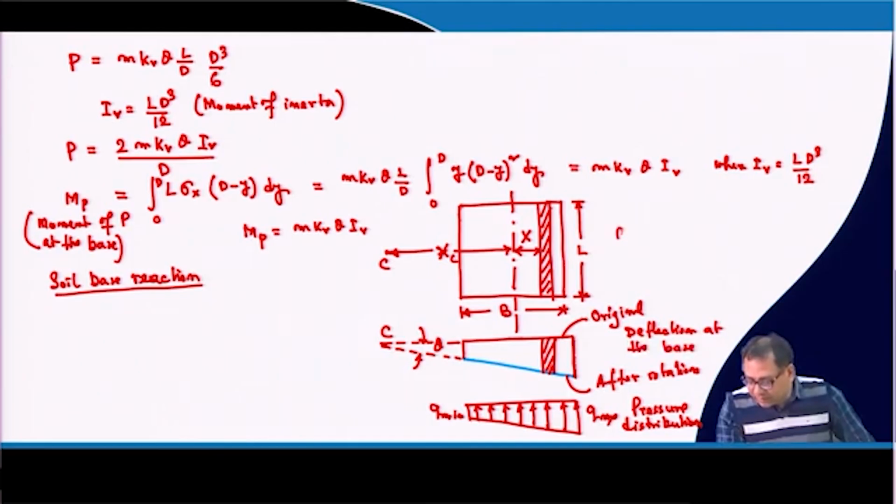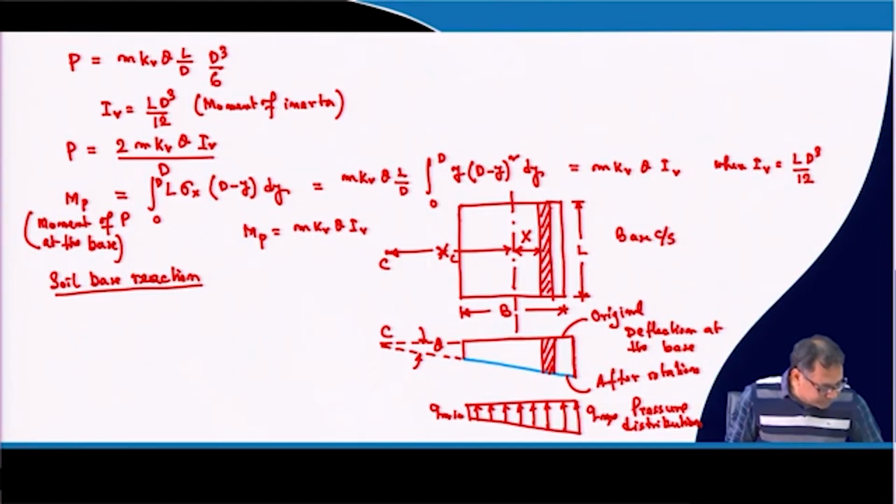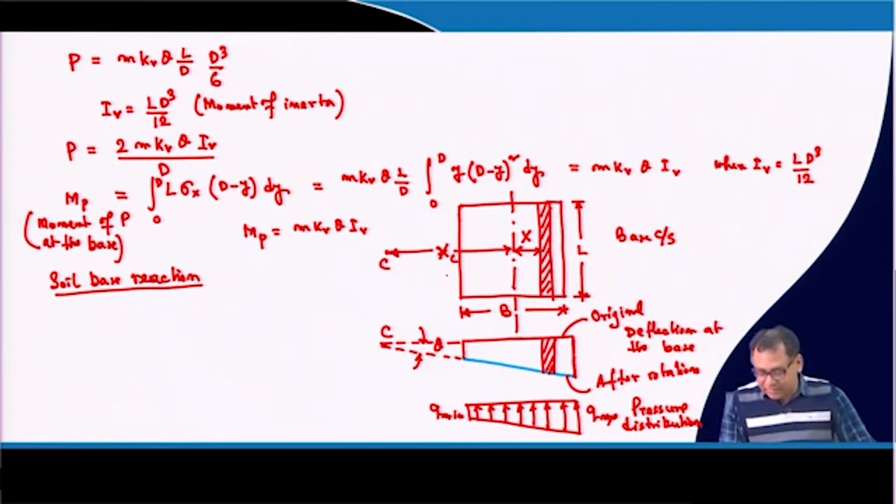This is the base cross section. So now the vertical deformation. This is the vertical deformation at this edge and this is the vertical deformation of the other edge. So these are the vertical deformation, this is the deflection, or I should say vertical deflection, at the base.